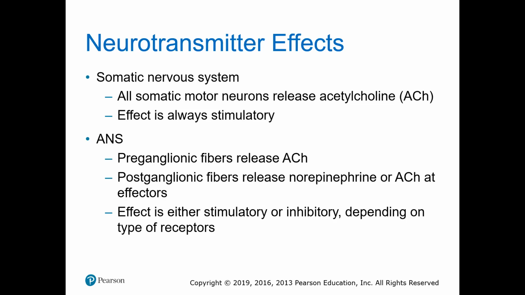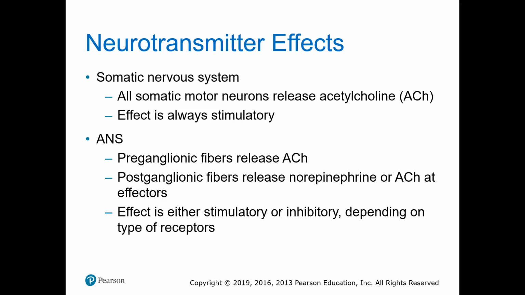The postganglionic neuron can either release norepinephrine or acetylcholine, and the effect is going to be either stimulatory or inhibitory. Doesn't mean that acetylcholine is going to be stimulatory again. You're going to have norepinephrine or acetylcholine as your postganglionic neurotransmitters, and they can either be stimulatory or inhibitory, depending on where they're going to land and what they're going to do.